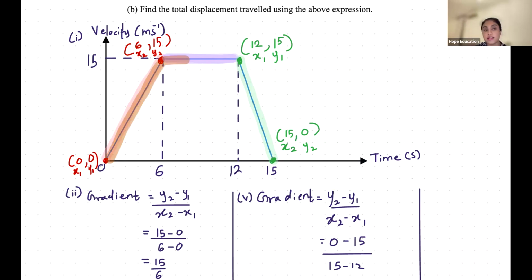If you take this entire graph and you get the area under this graph, the entire graph, children, can you see that this is a trapezium? So instead of finding the displacement separately, I can get the entire displacement together also. Because the area under that entire graph is the shape of a trapezium. So what we are asked is to write down an expression.